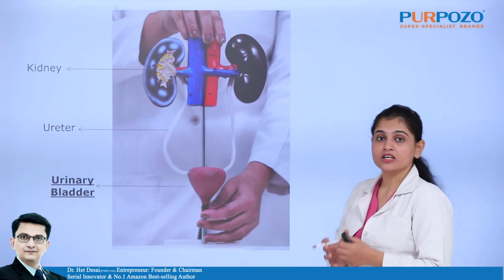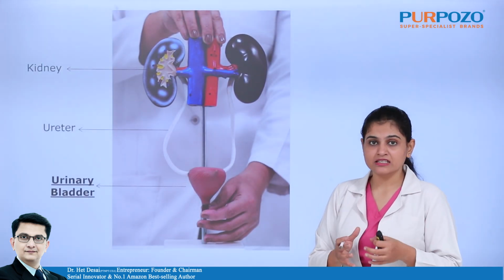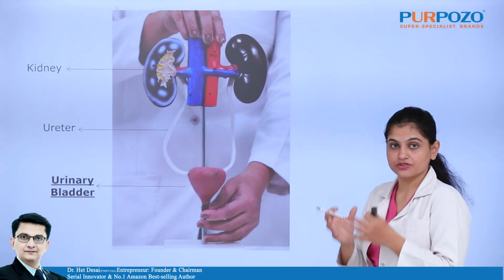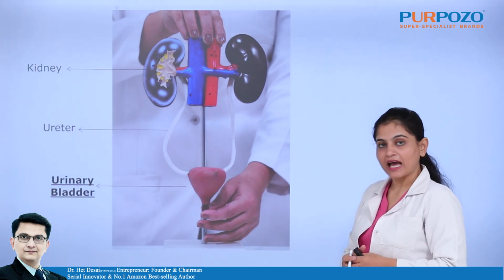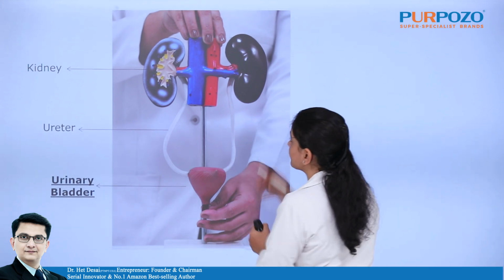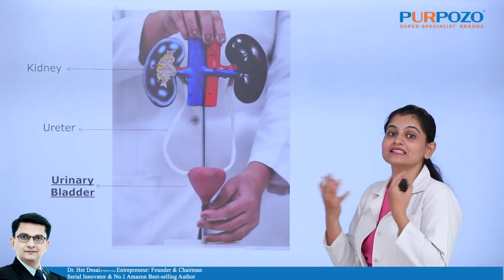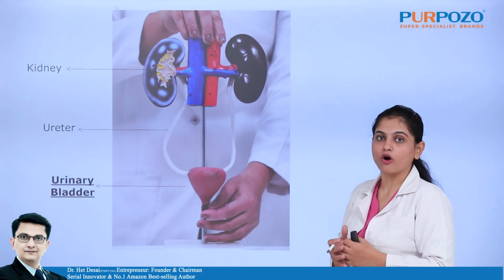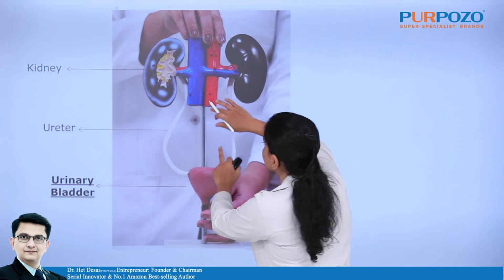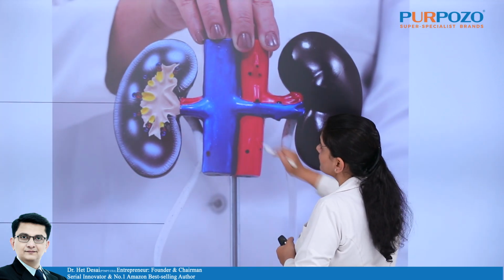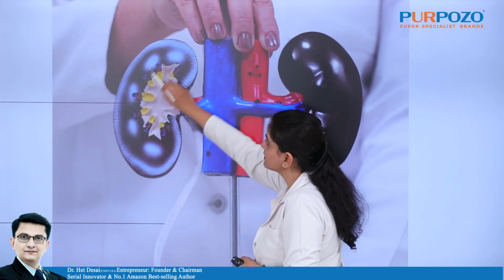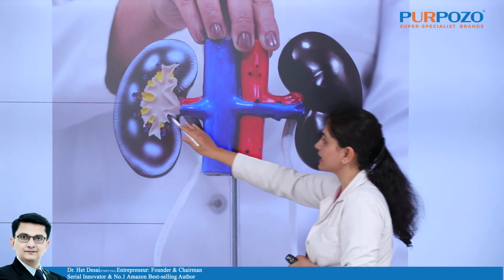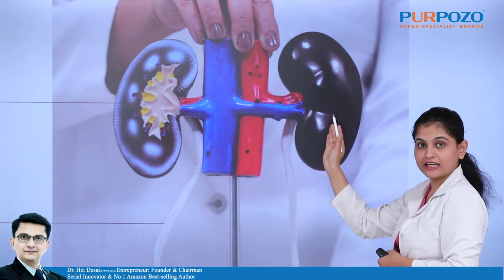When we talk about the urinary bladder, that is a small pouch where urine is stored or collected, and this urinary bladder is a part of the renal system. That means the system where the urine is formed. So, as you can see here, above it is connected, this is the kidney, the right kidney and the left kidney.